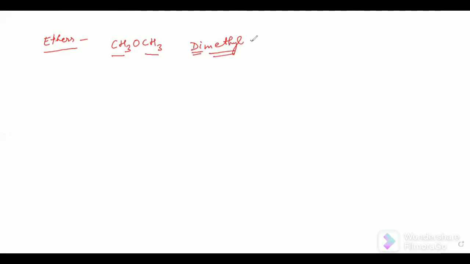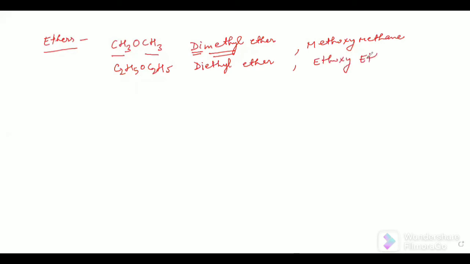This is the common name, and the IUPAC name will be methoxymethane. Now if it is C2H5OC2H5, there are two ethyl groups, so diethyl ether is the common name, and the IUPAC name will be ethoxyethane.